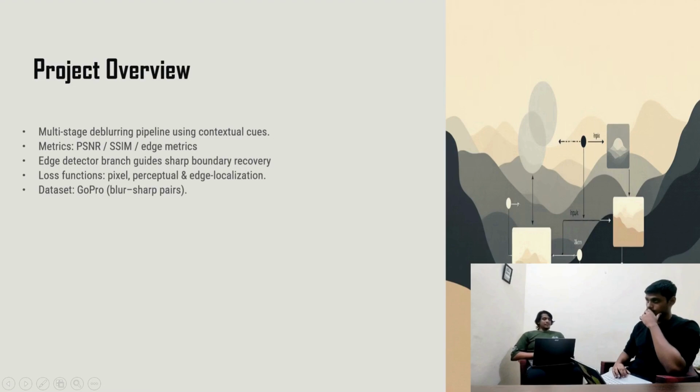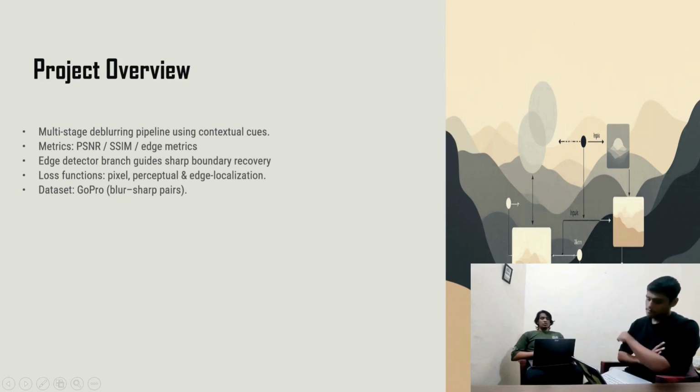So, I'll be starting. In one sentence, the project builds a deep multi-stage deblurring pipeline that uses contextual cues, multi-scale features, explicit edge maps, and edge-aware losses. To restore these sharp images without creating ringing artifacts around the edges, we can use many methods.